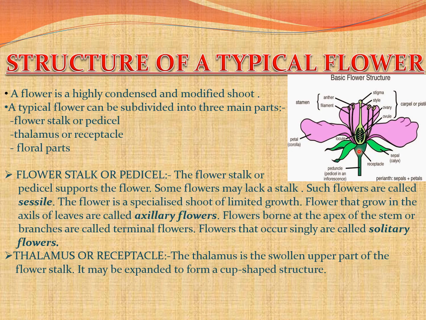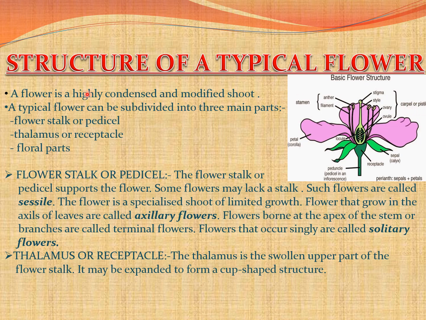The outermost whorl, the sepals; the second whorl, the petals; the third whorl is of the stamens; and the innermost whorl is of the carpels. So let's study each and every part in detail now.